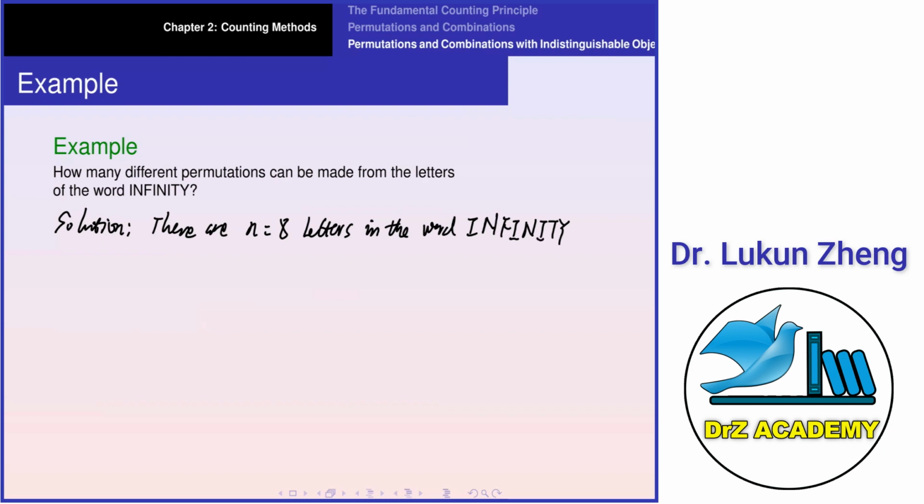Now there are some letters that are indistinguishable. They're all exactly the same, right? Of which, how many I's? 1, 2, 3.